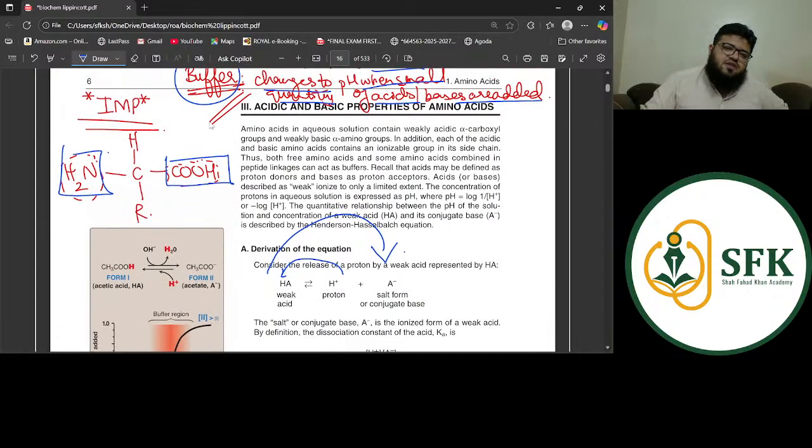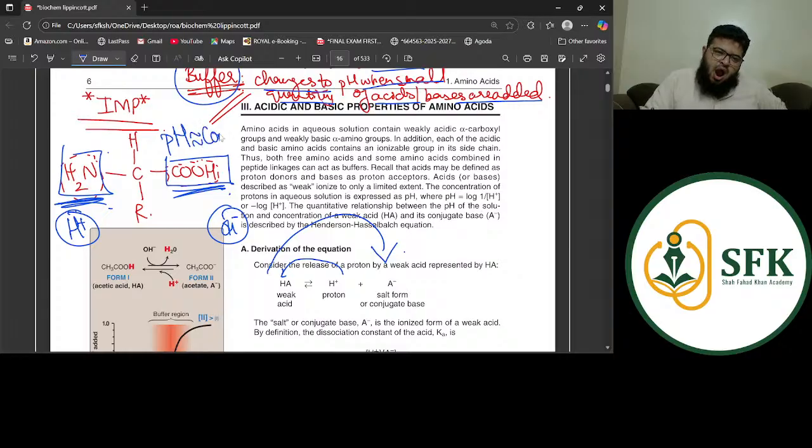So in short, if base increases, if OH negative ions increase in solution, the acid part is going to react. If the H positive ions increase in solution, the basic part is going to react. Because of which the pH will be kept roughly the same, kept constant.